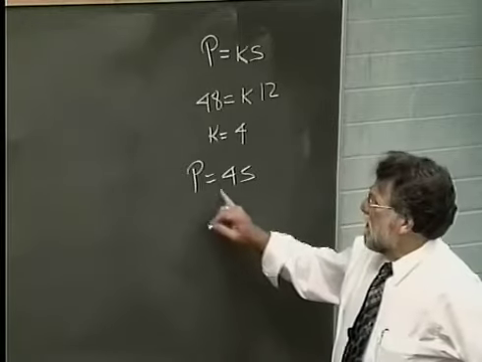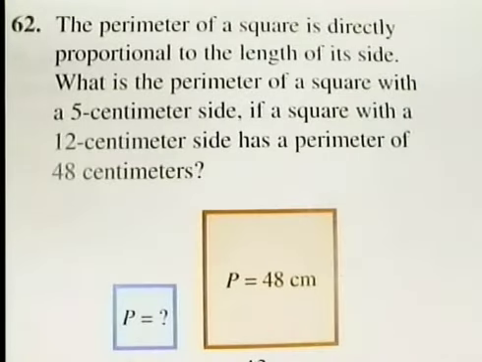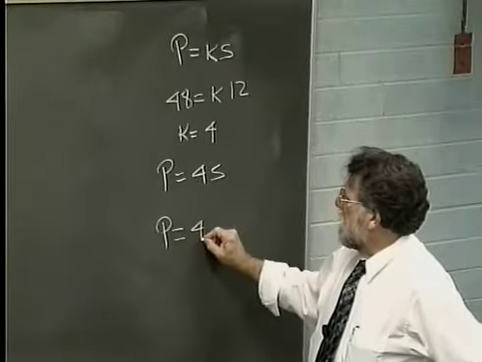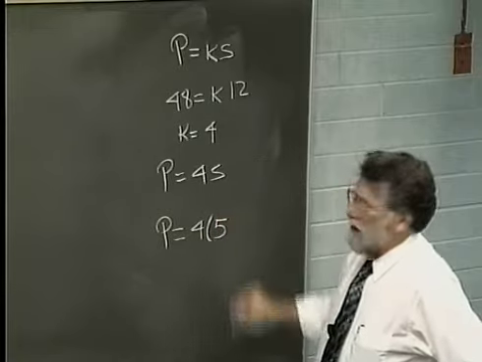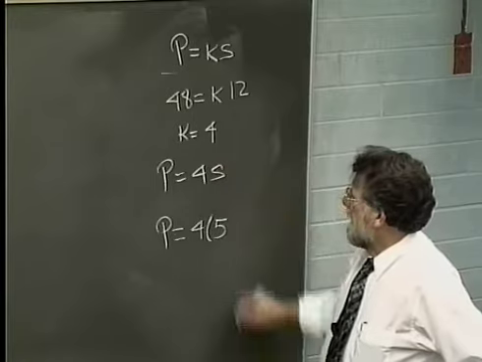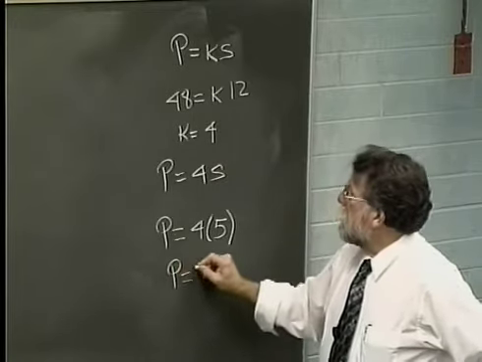But now, knowing this formula, we come back to the problem, and the problem asks us what? Well, if you have a square with 5 centimeters, what is its perimeter going to be? So now I come back to the board and say, well, P must be 4 times the 5, which unfortunately looks much too much like the S I had here. And then I'm going to argue that this is going to give me that P is 20.